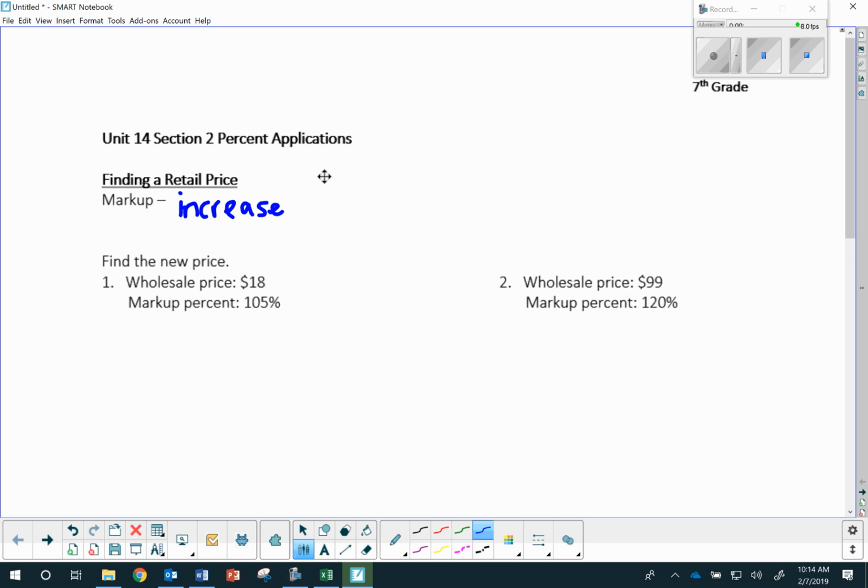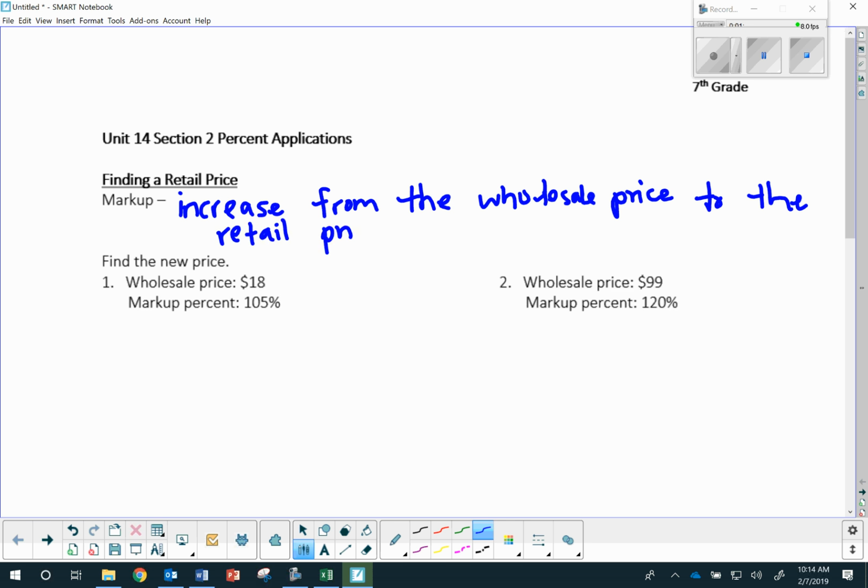So a markup is an increase from the wholesale price to the retail price, and retail is what they sell it for. Because obviously if they sold it for the same thing, they wouldn't make any money.